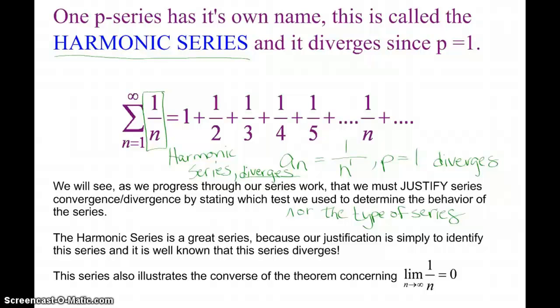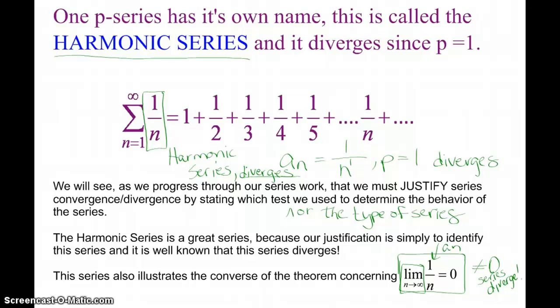So this series also illustrates the converse of that theorem that we were talking about in our first set of videos for series. We said that if we put a sub n in this limit as n approaches infinity, and we don't get 0, that we knew that series had to diverge.